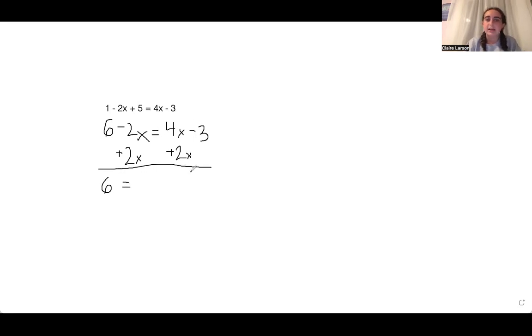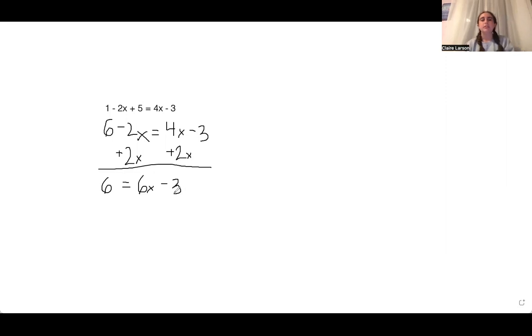And if you add 2x to this side, this is a like term because it has a coefficient and the same variable. So that's going to turn into 6x. So we're going to write that. And leave the 3 or minus 3 as it is.